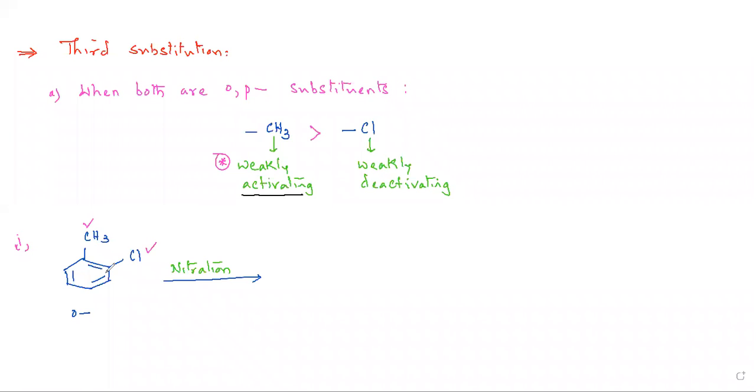Now, anyway, this ortho is blocked, isn't it? You cannot get the substituent here. Yes, the other ortho is possible, and even a para is possible, isn't it? You've got two ortho and one para positions. You will normally have these two, but the point is one of the ortho positions is blocked.